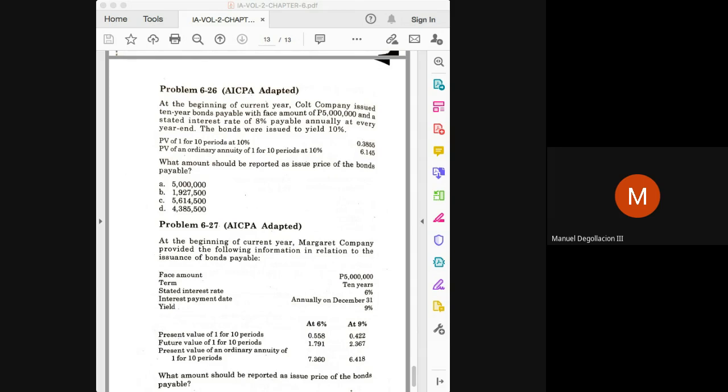It's 6.145, not 6.415. Okay. So 400,000 times 6.145 will give you 2,458,000. We add that with the 1,927,500, we would get total present value 4,385,500. The answer there would be delta.